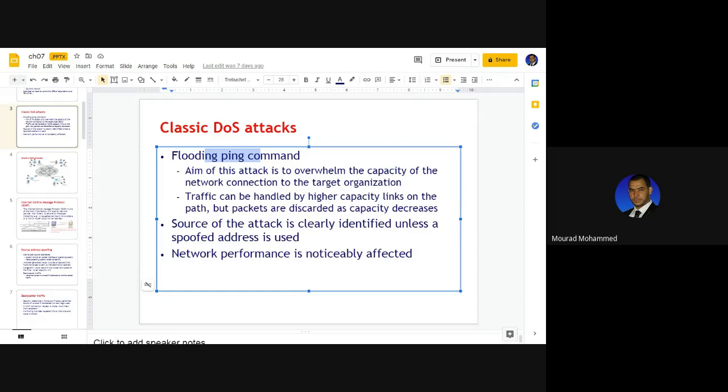That is the main purpose behind the ping of death. We say death because the network device will be put into a situation that it cannot reply to any legitimate request. So it is like a dead device.